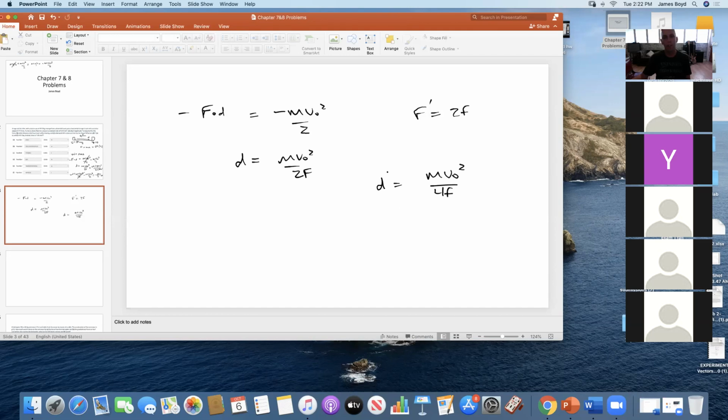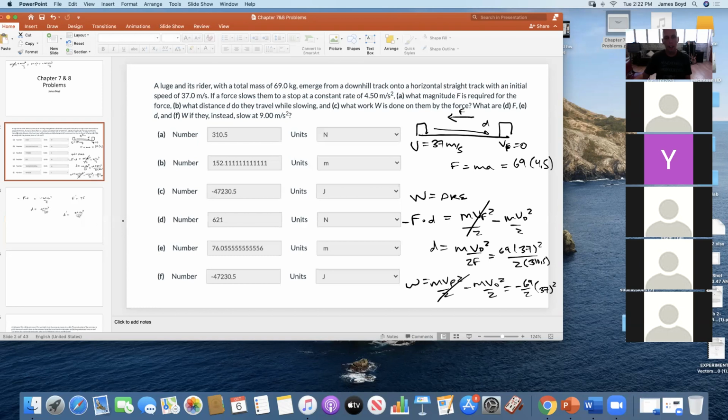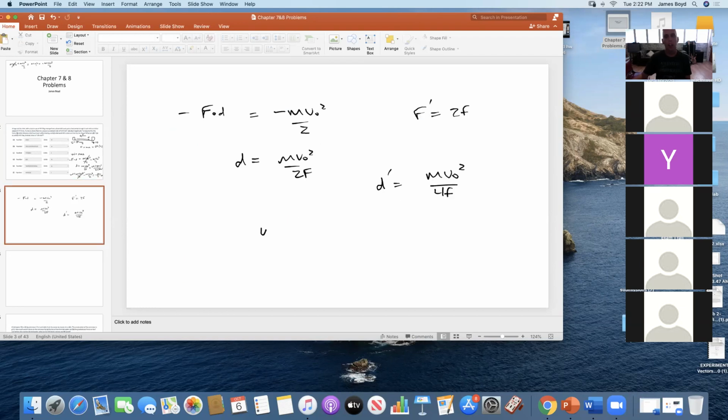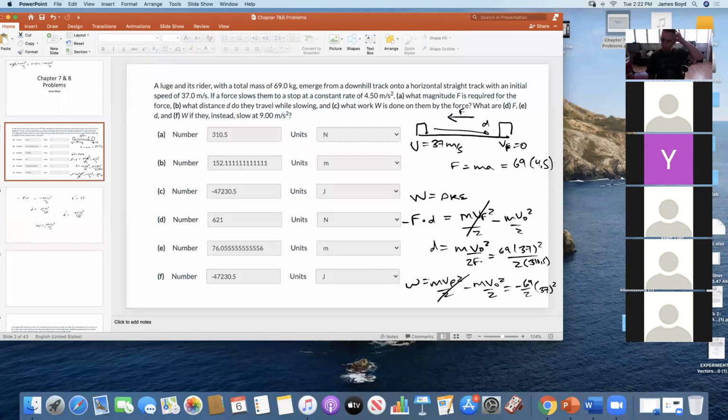So this d prime would be half of d. And then the work should be the same, because the work is just mv naught squared over 2 with a negative sign. So yeah, it's being weird, sorry.